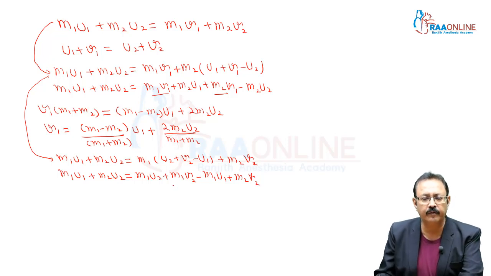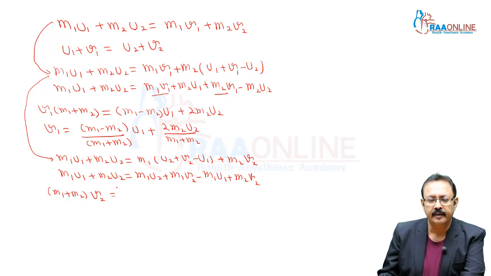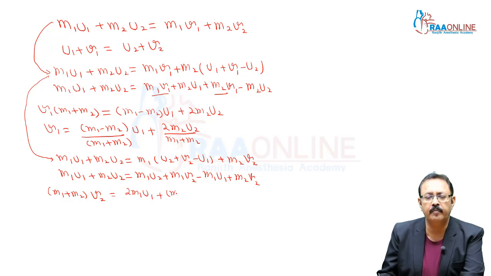So taking v2 on one side, I am getting m1 plus m2. On the other side, taking u1 common, it is 2 m1 u1 plus m2 minus m1 u2. So v2 is 2 m1 u1 by m1 plus m2 plus m2 minus m1 divided by m1 plus m2 into u2.